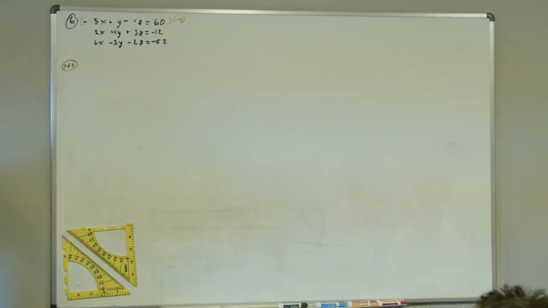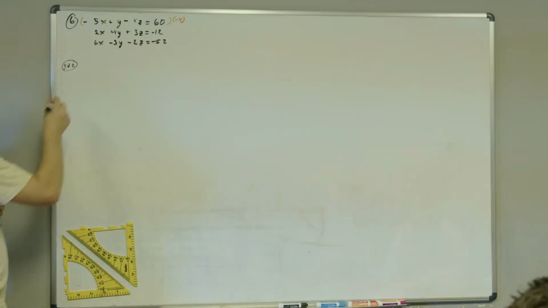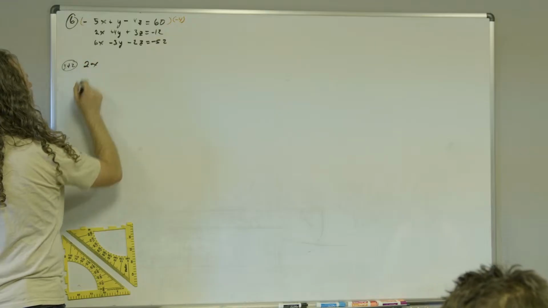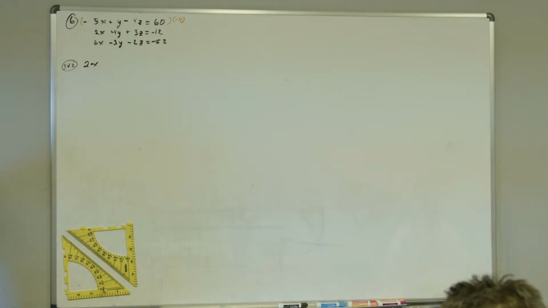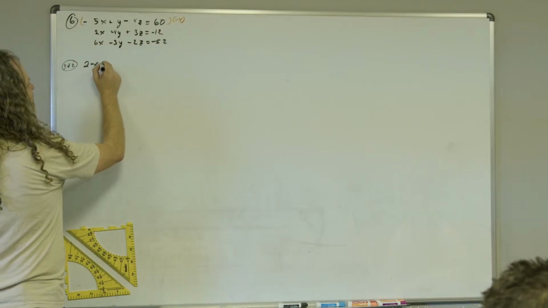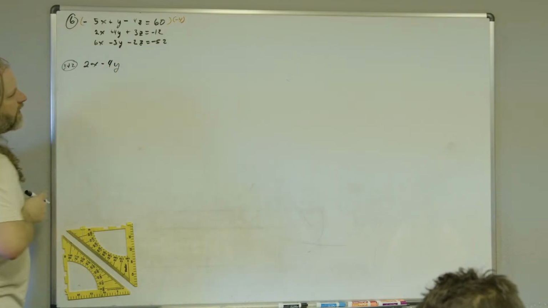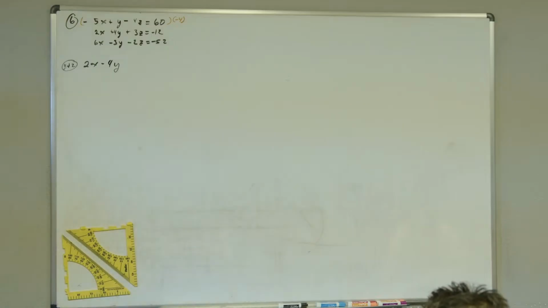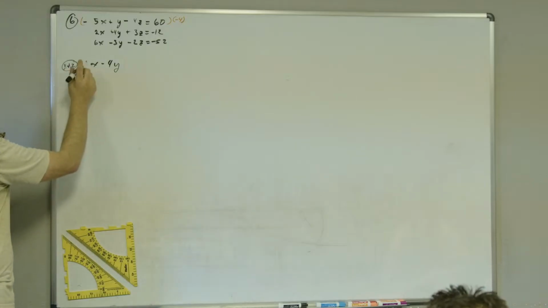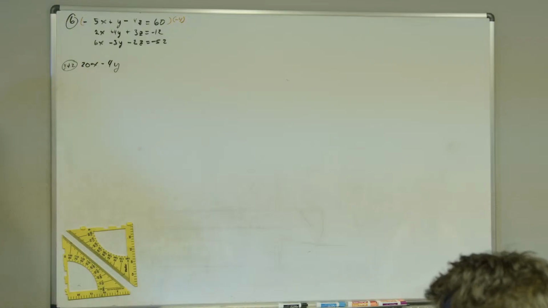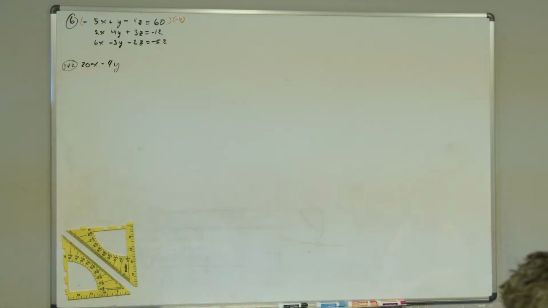Okay, so -5x times -4 is what? 20x. -4 times y is -4y. -4z times -4 is what? 16z.